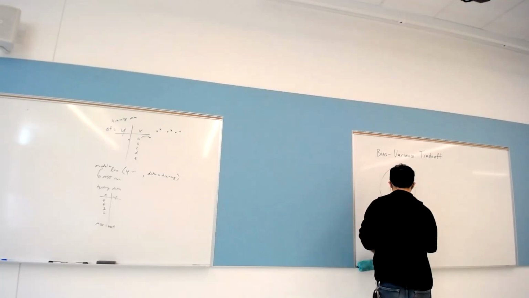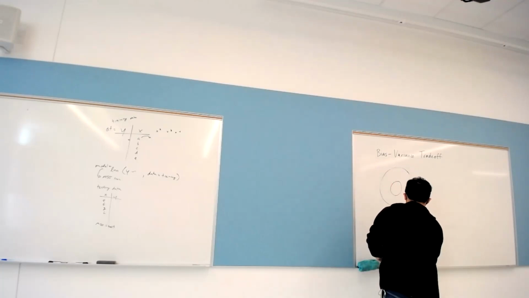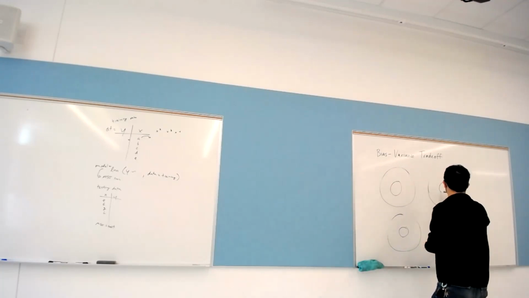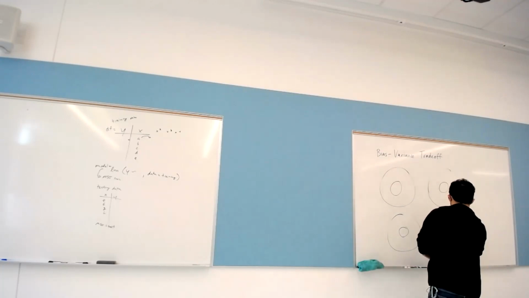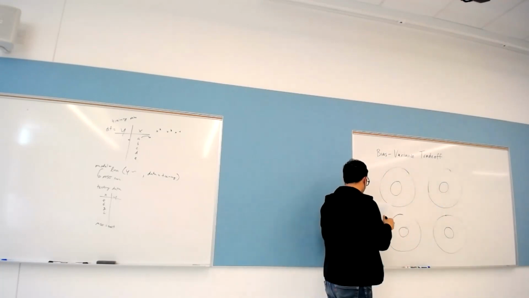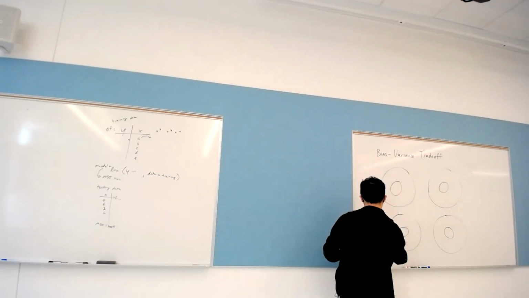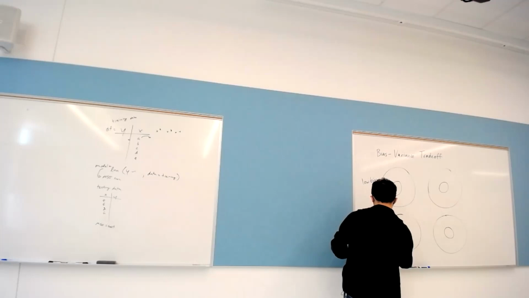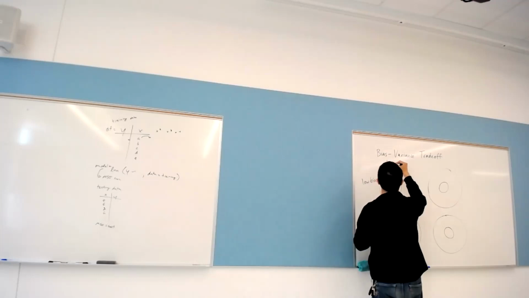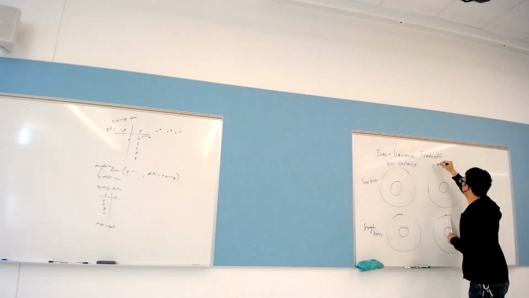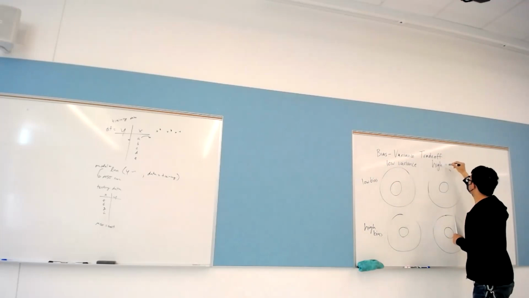We'll have a bullseye thing like this. So you can have low bias, let's say high bias, and then low variance and high variance.